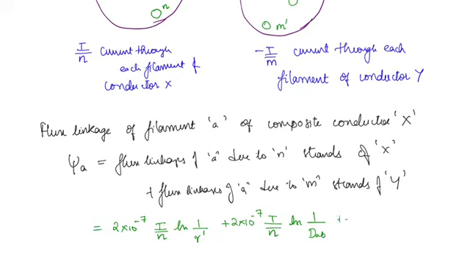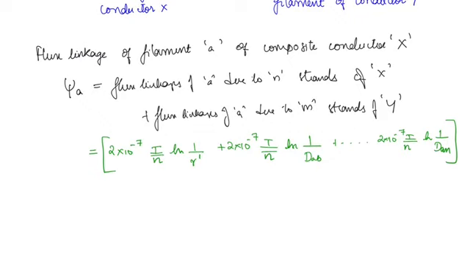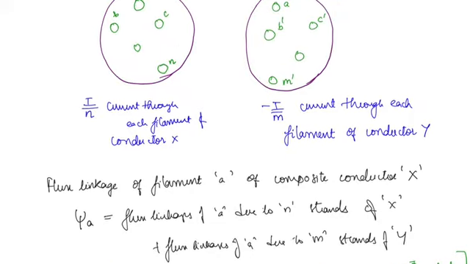And so on till 2 into 10 to the power minus 7 I by N ln 1 by DAN. So this is the first set, the flux linkages of A due to the n strands of X. Similarly, the flux linkages of A due to the m strands of Y.